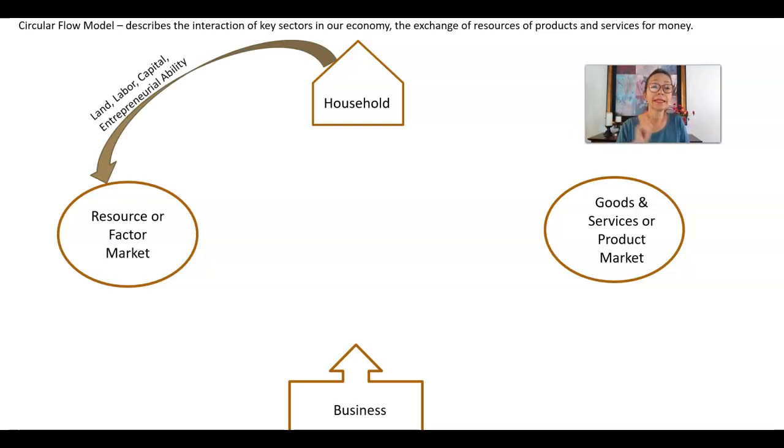Okay, so land, labor, capital, and entrepreneurship flow from the household sector to the resource market. It's purchased by the business sector, and then those resources flow into the businesses, and businesses then make products out of the resources that they purchase.